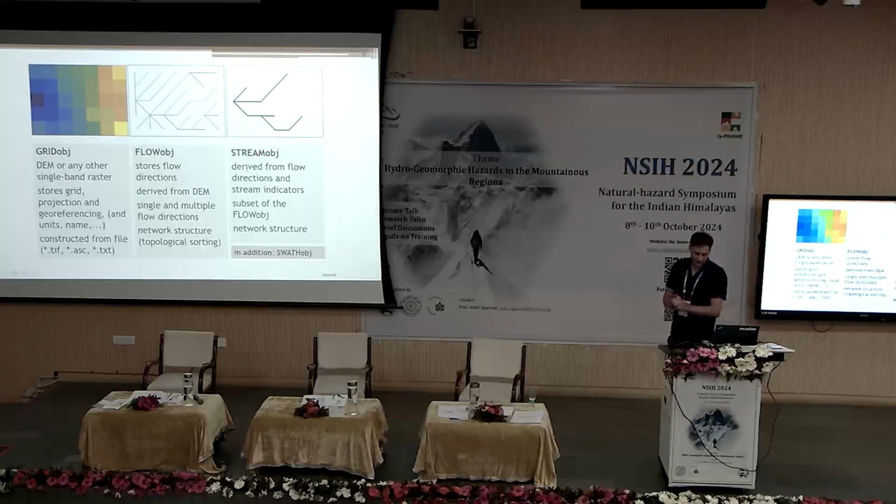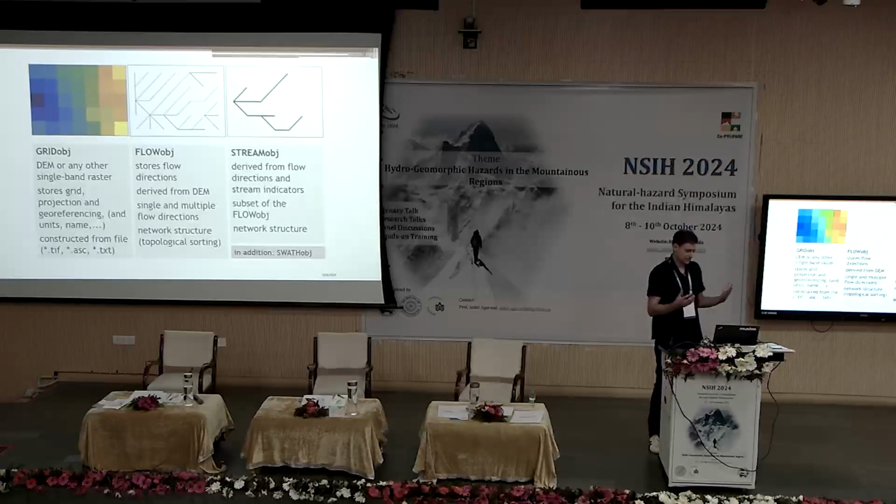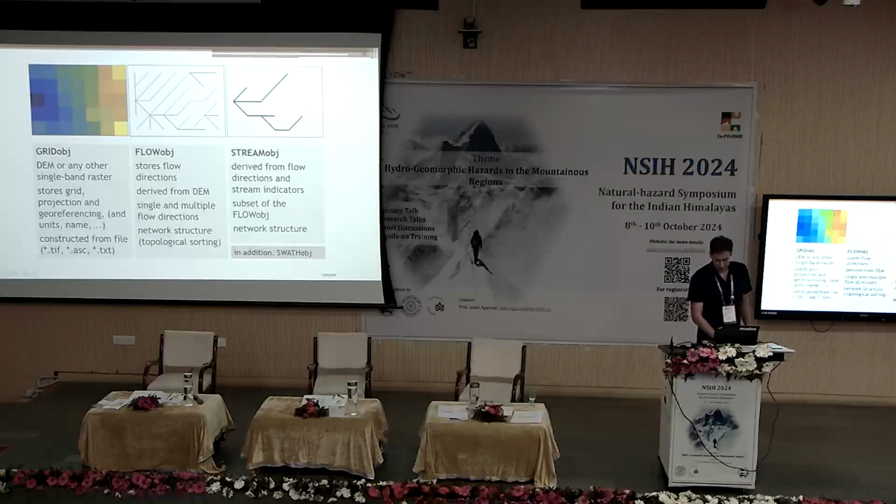Well, basically, it's a subgraph, a subnetwork of the flow object, which represents those parts of the landscape where you have constantly flowing water. So permanent water. It doesn't need to be defined like that, but it's the easiest definition: based on the flow network, when a lot of flow paths flow together, then at some point you have permanent flow, and that could be a stream network, which is termed stream object in MATLAB or in TopoToolbox.